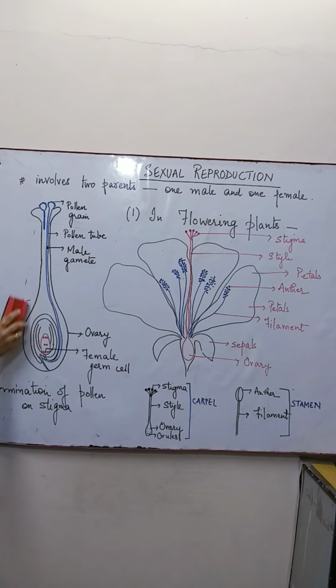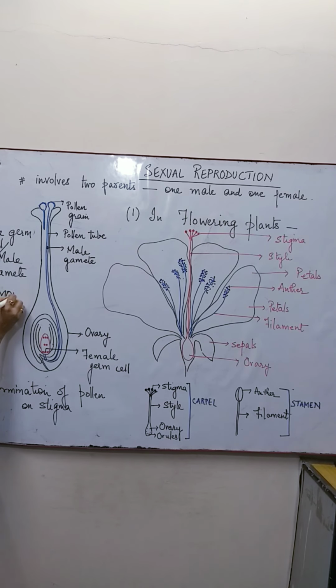Now, out of the two germ cells, the male and female gametes, one of the germ cells is motile. That means it is capable of moving, and normally the male germ cell, or male gamete, is motile.